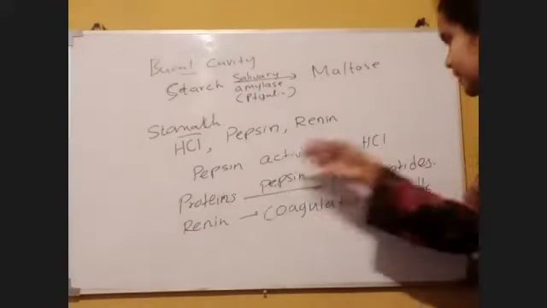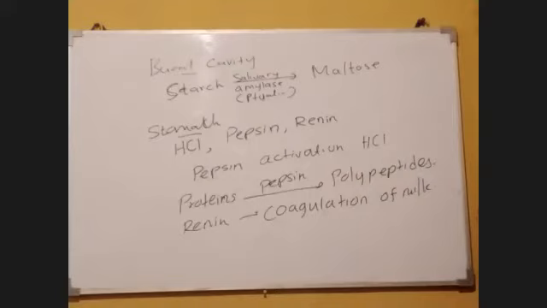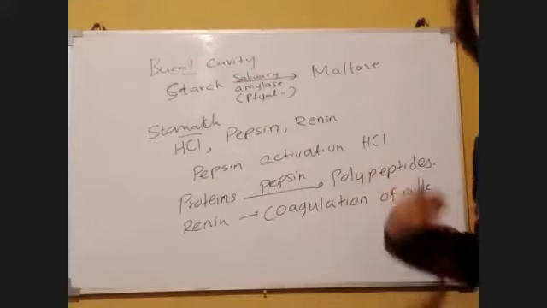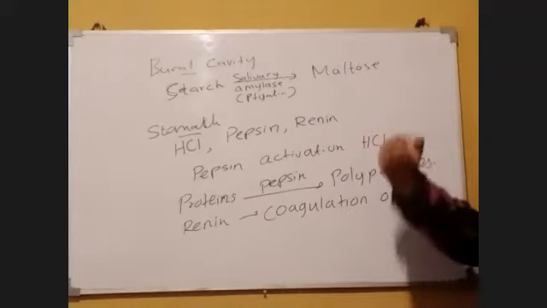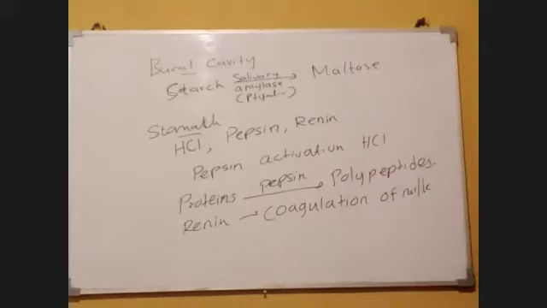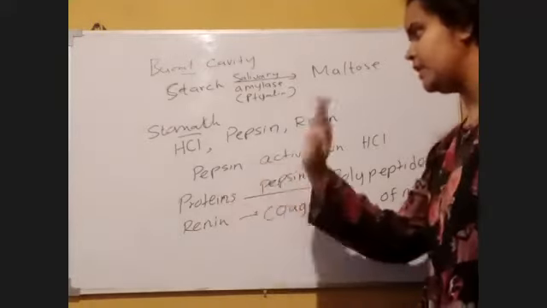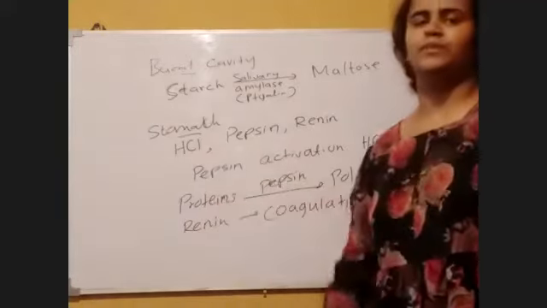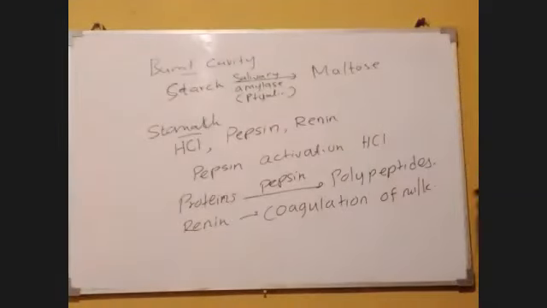If totally digested, polypeptides could be absorbed into the blood. But I said these polypeptides are large in size, so they still cannot be absorbed into the blood. So we can conclude that partially digested proteins are there.